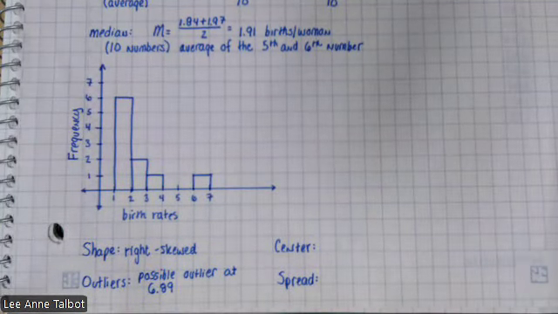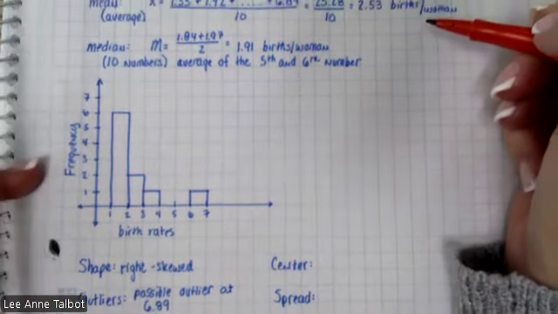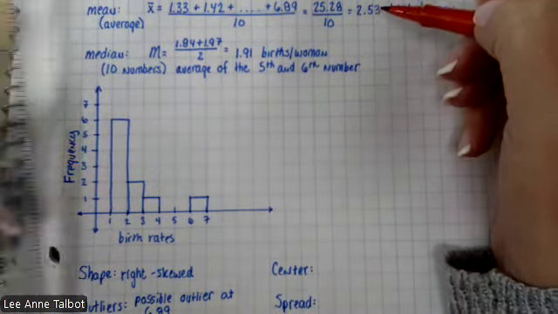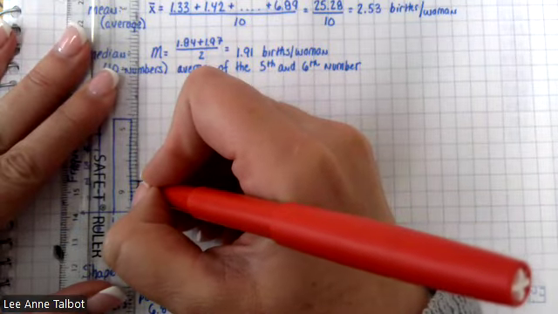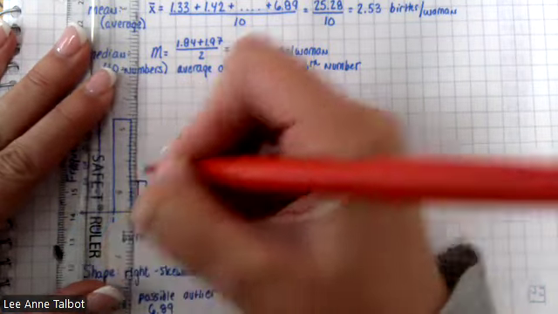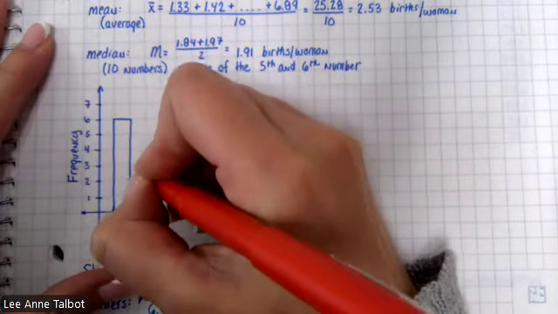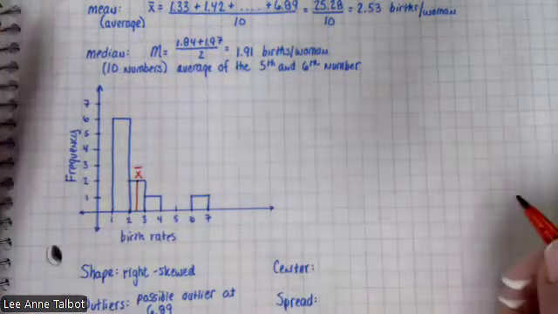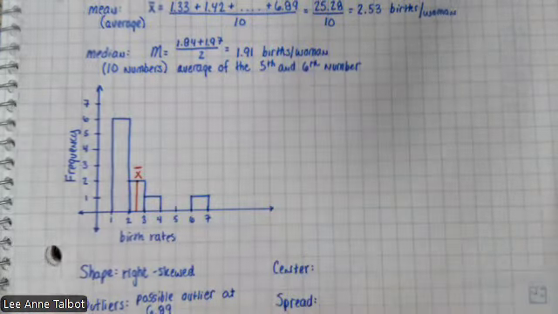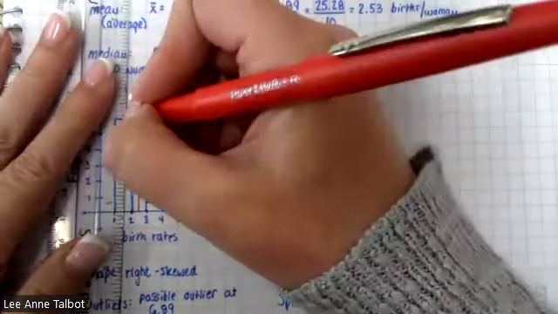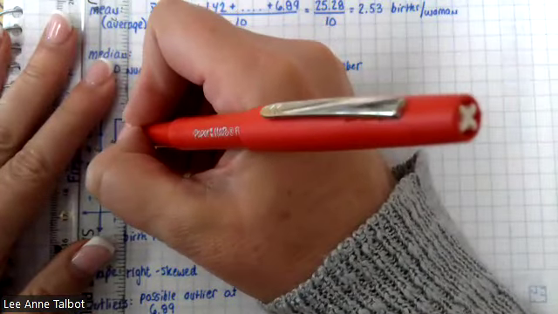So coming back to these 2 values, the mean is 2.53. So I'm just going to do my best here. 2.5-ish. Label X bar right there. And then the median is 1.91, which is going to be about here.